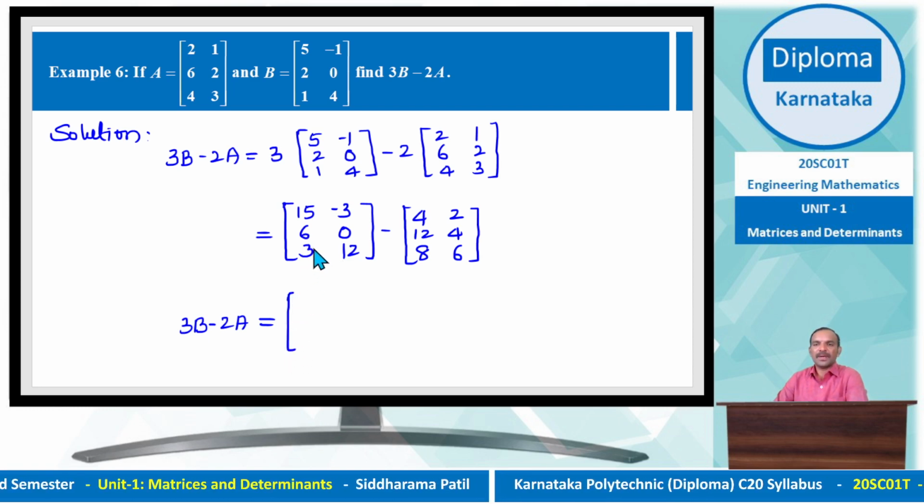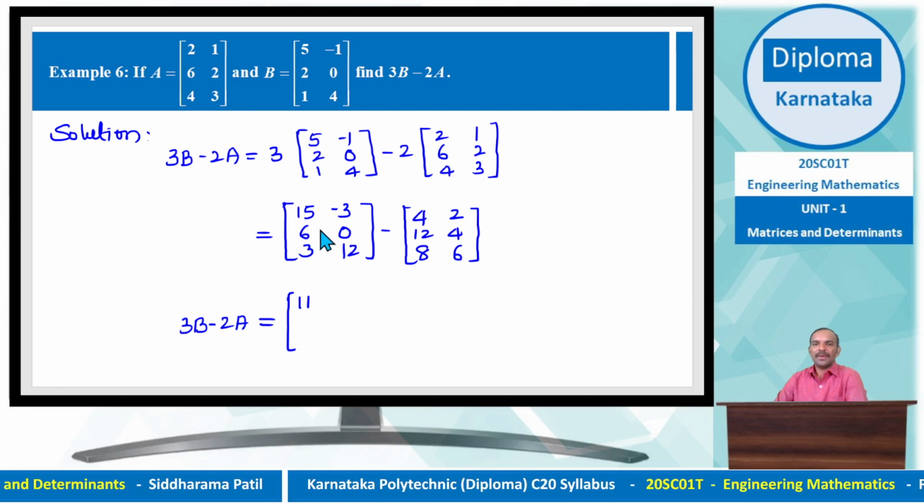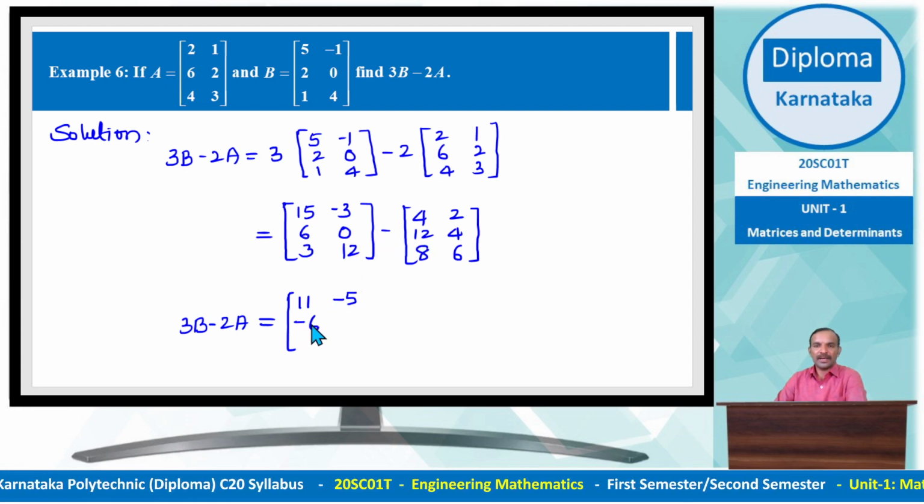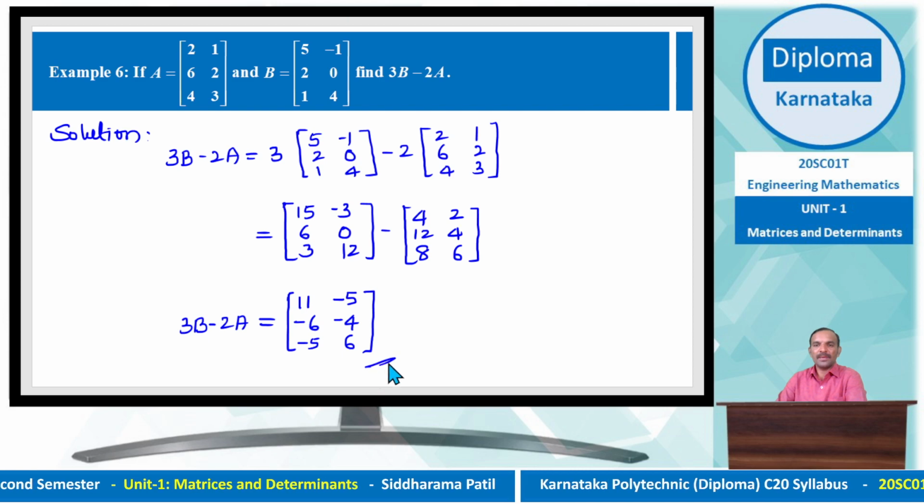I am going to subtract, one step less. 15 minus 4 is 11, minus 3 minus 2 is minus 5, 6 minus 12 is minus 6, corresponding element. 0 minus 4 is minus 4. 3 minus 8 is minus 5. 12 minus 6 is 6. It is about 3b minus 2a.